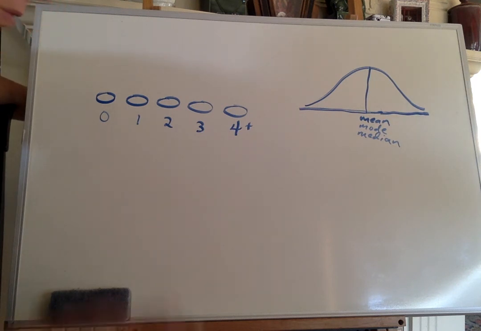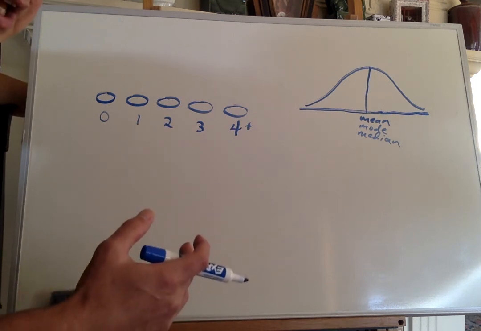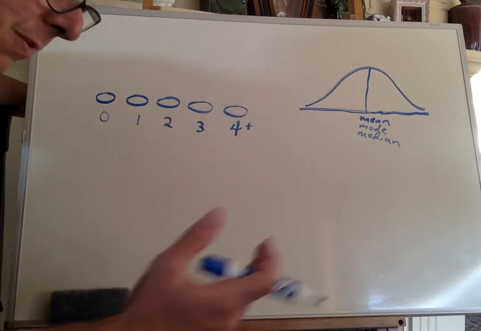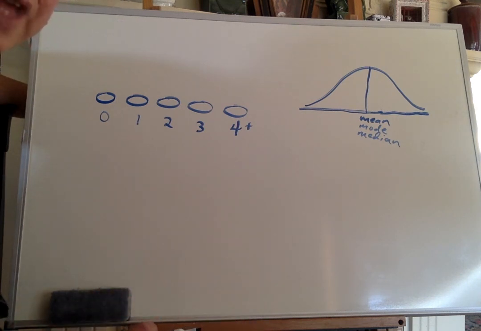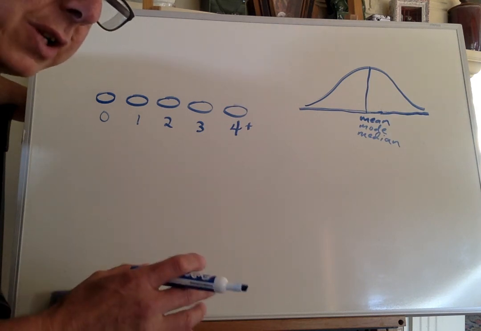And we do this survey, we do this research, and we get all of our data. Now I want to do some descriptive statistics, and I'm going to figure out, well, what is the average number of siblings that Utica College students have, right? Can we get the average in this case?